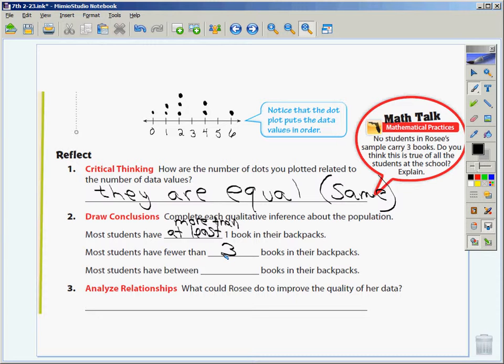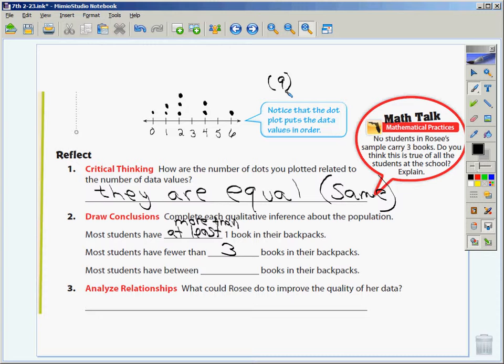Most students have between how many books in their backpacks? Again, remember, most has to be over half to be most. Right? How many total people were here? How many total people? 1, 2, 3, 4, 5, 6, 7, 8, 9.